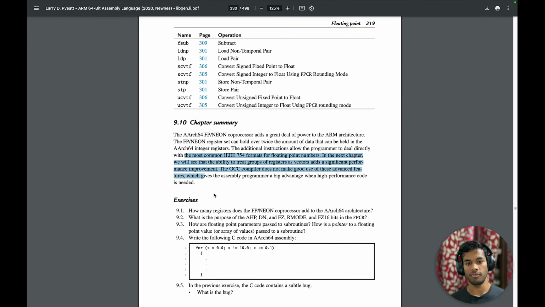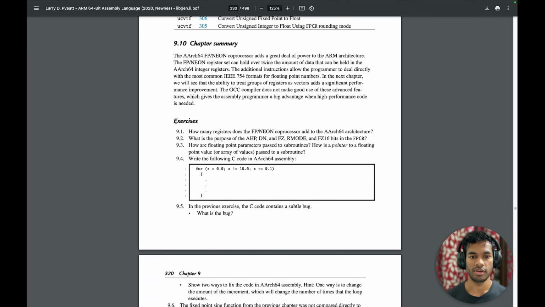In the next chapter, we will be learning about how we can use them to do Neon instructions, that is single instruction, multiple data points. That is, we can do addition on 4 pairs of numbers simultaneously at the same time. That is crazy, and our hardware is dedicated to do that. That is our FP Neon unit. Well, in the next chapter we will learn SIMD instructions.